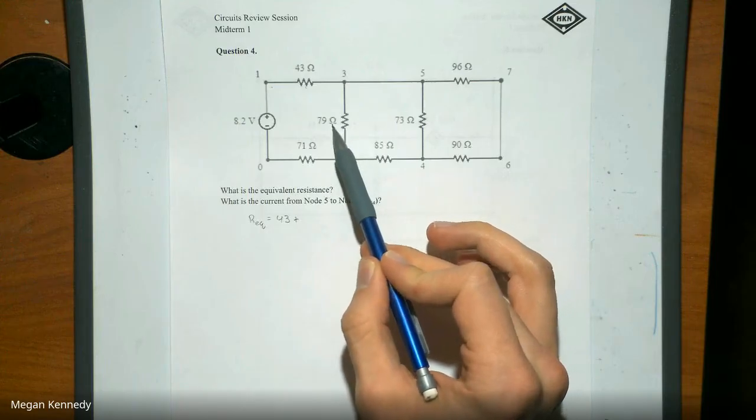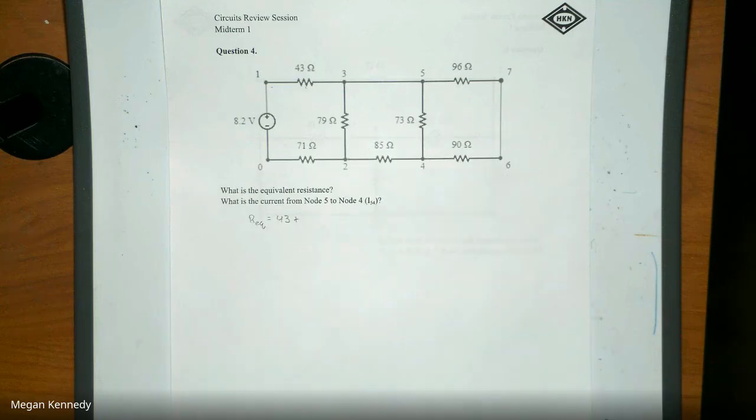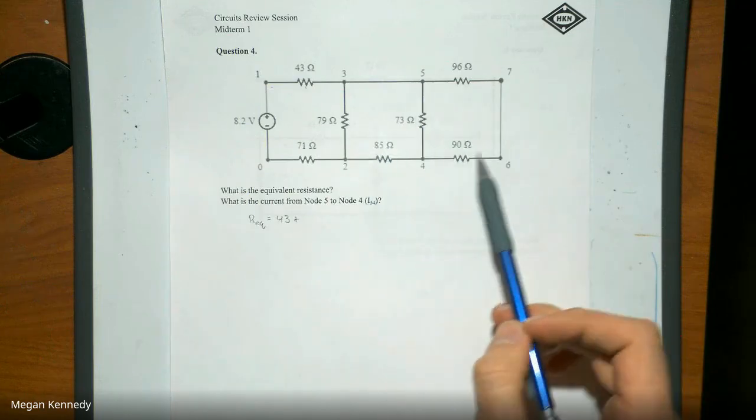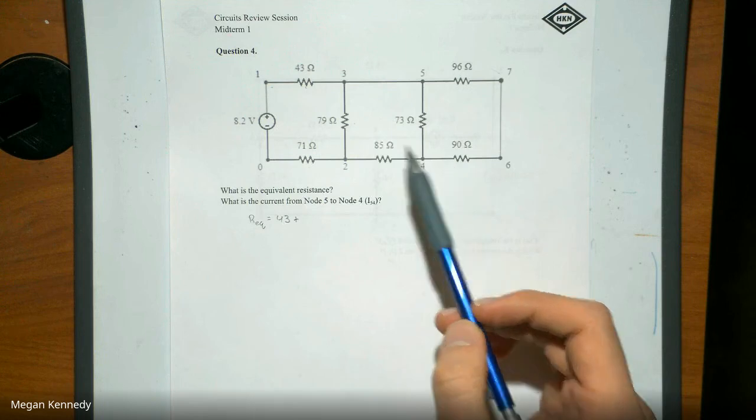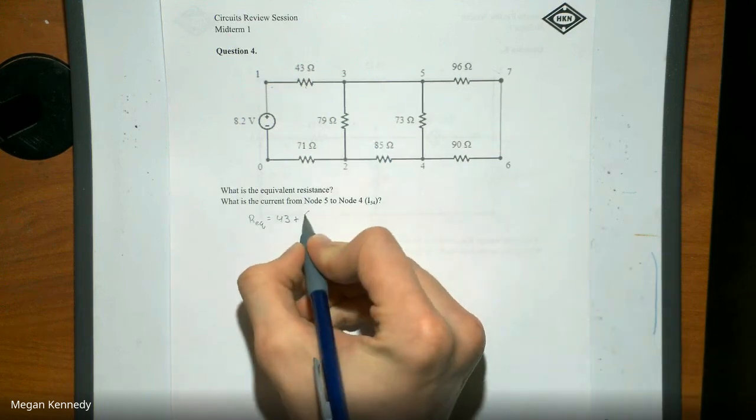Now, this 79 ohm resistor, you can't just add it to the system because you have all of this resistance over here also connected between those two nodes. So we'll have to break it up.